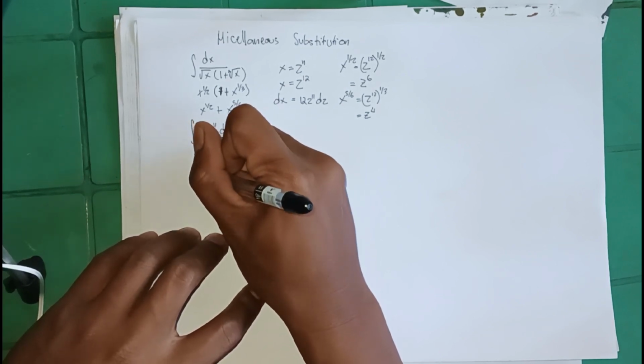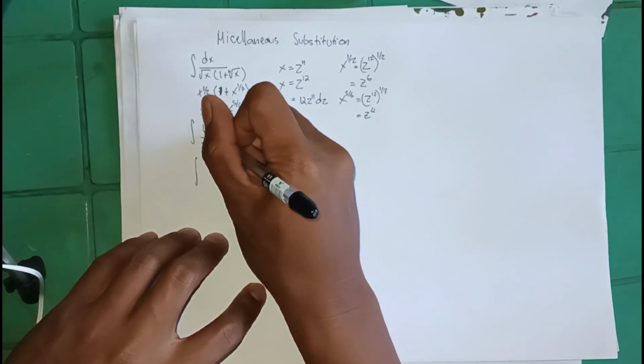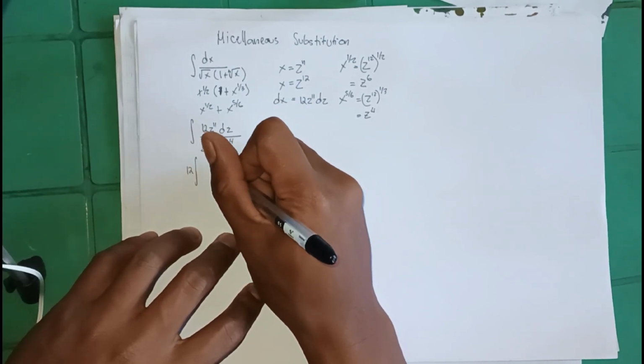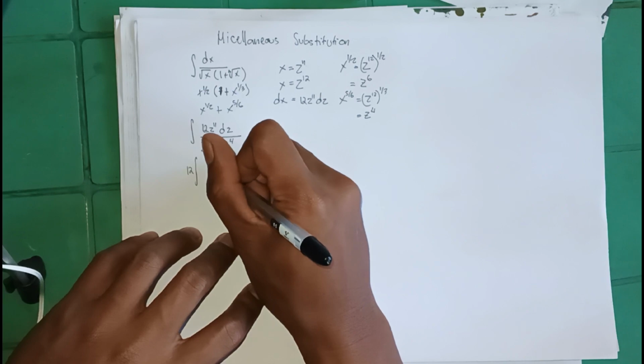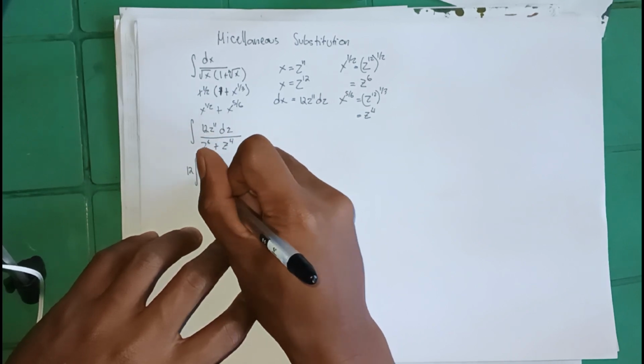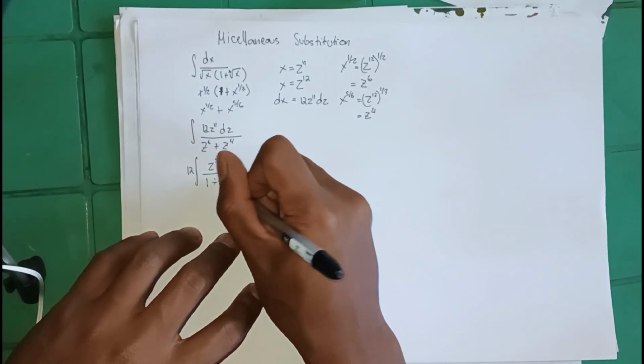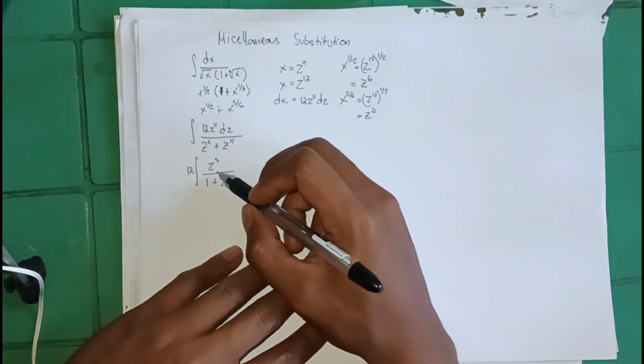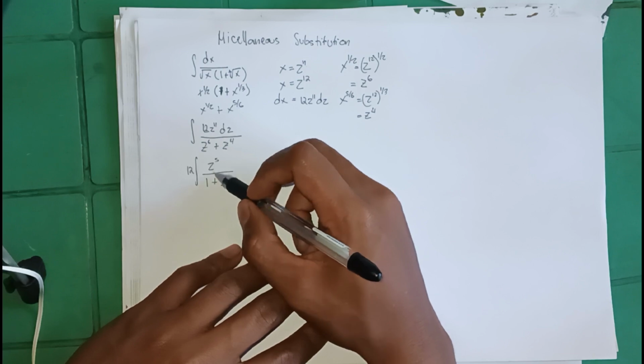So we'll now get this. We can move this 12 here, and we will now get z to the 5 over 1 plus z to the 4. So all we need to do now is divide this term.